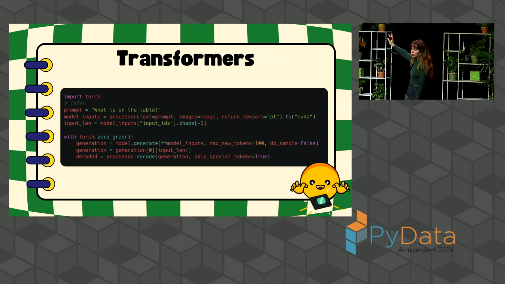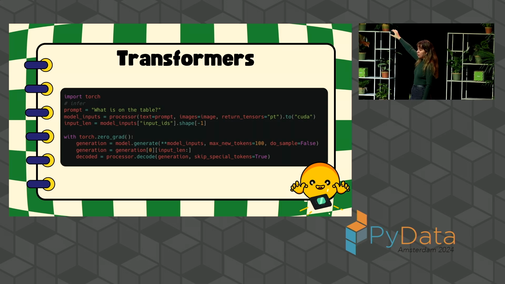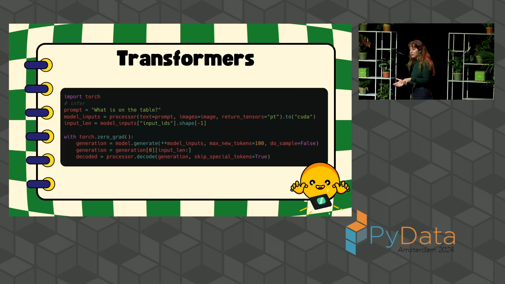If you know PyTorch, this is very easy for you. Then you get the output and call decode, because they are returned as tokens. You have to decode them to a human-readable version, as in words. And you can get the output like this. Inference is this simple.